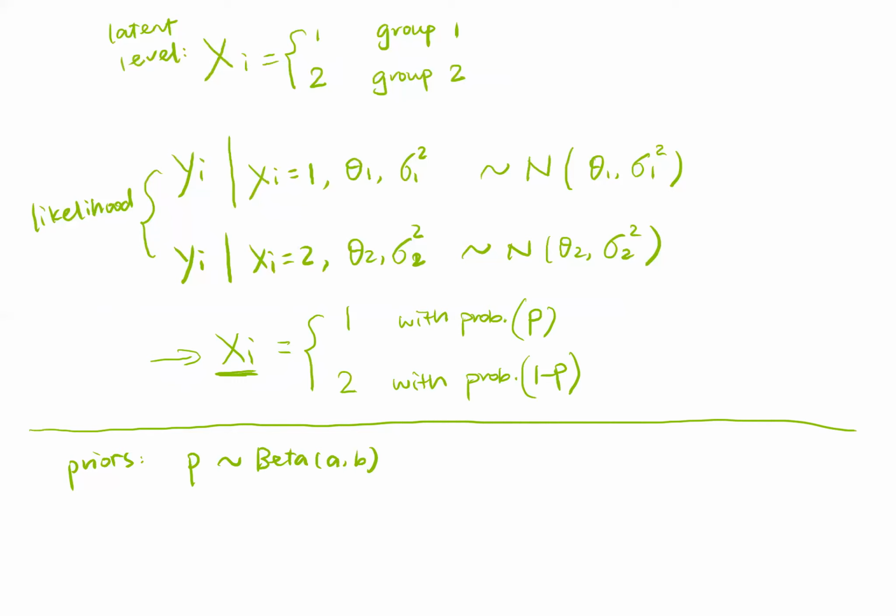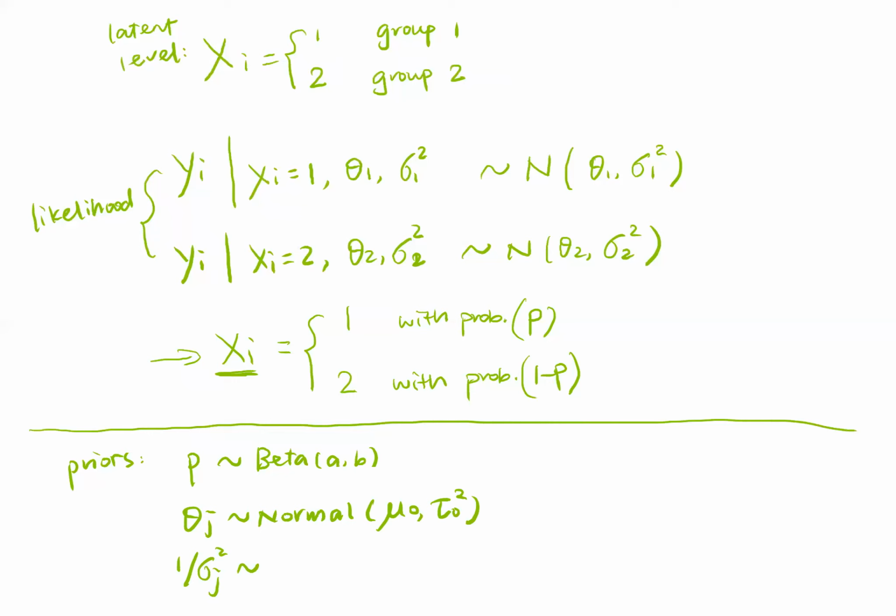And what else? You have theta j is normal. So this is the prior for theta j, where j is 1 or 2. They put the same mu 0 and tau 0 squared. Okay. And then 1 over sigma j squared, which is the variance.